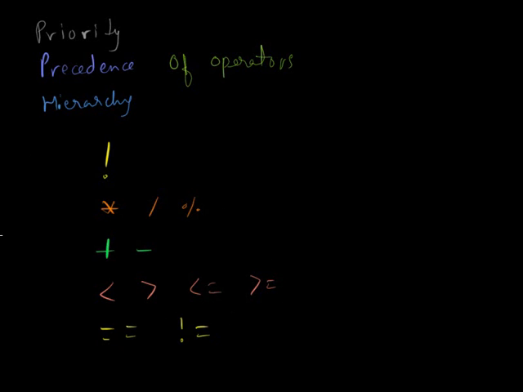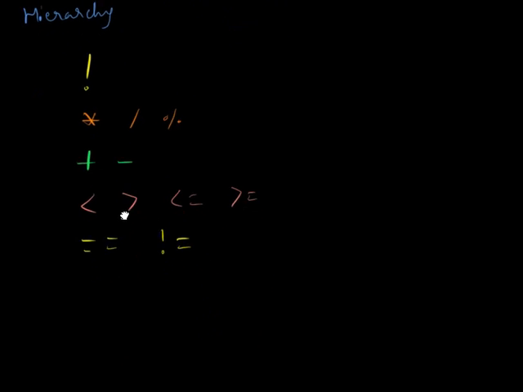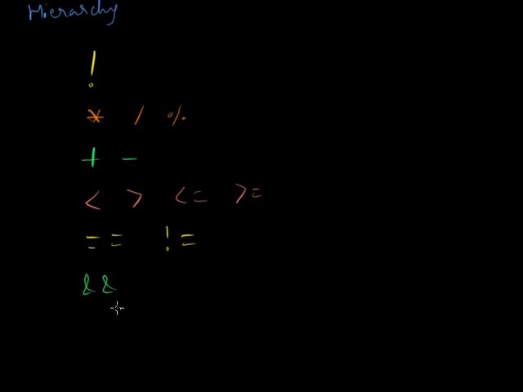Then you have the AND operator, after that the OR operator, and then the least priority is given to the assignment operator. Now this is the priority which C follows. So this is increasing level of hierarchy, right?